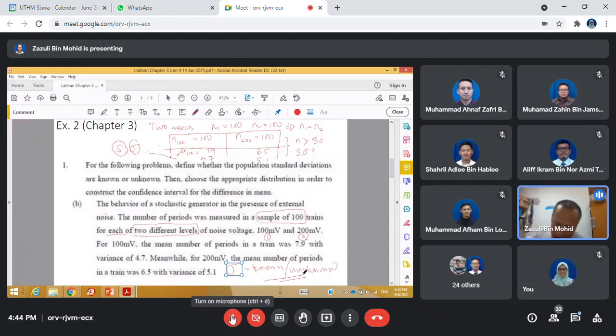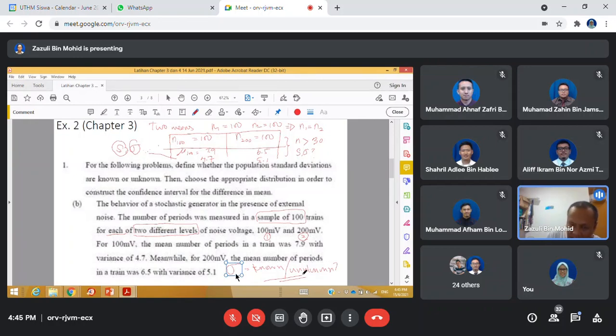Apa condition kita akan refer kepada Z? Nyatakan what is the condition that we have to refer to Z distribution, and what are the reasons that we have to refer it as the T distribution. So the basics, the easiest way to determine whether it's Z or T, first is look at the n number.